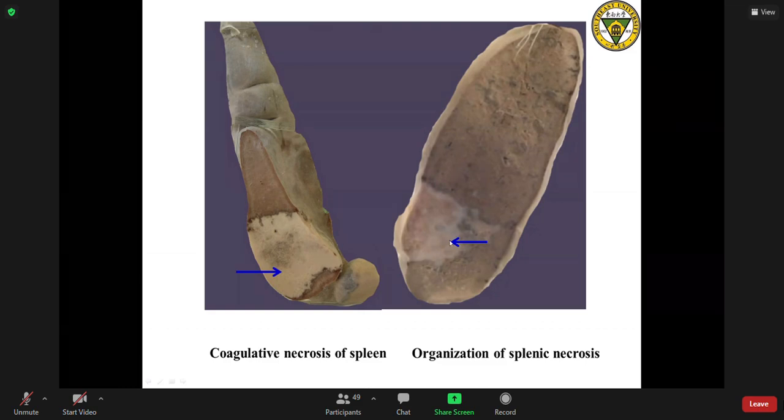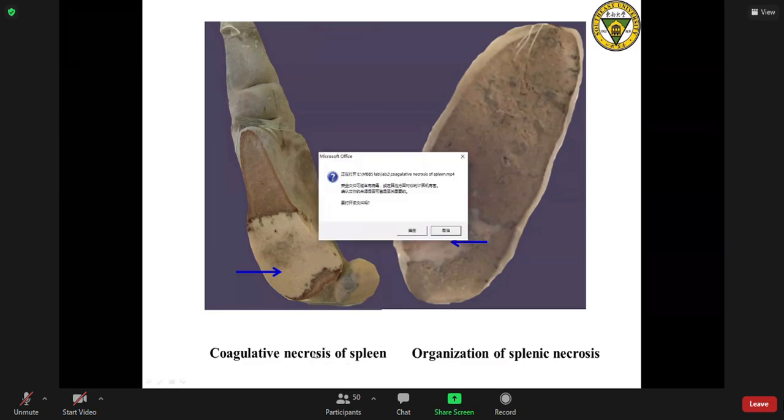It's granulation tissue with many fibers around this area. This is fiber, so organization. It means the granulation tissue begins to organize the necrotic tissue, so it can form a pale or white border. This border has many fibers in this area. Okay, this is the video.